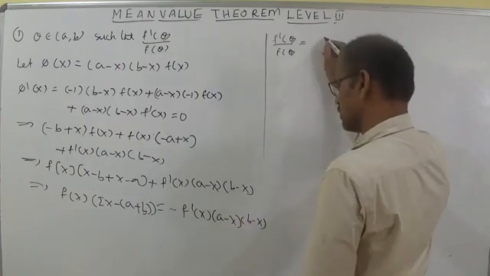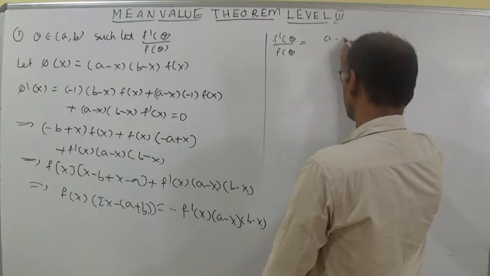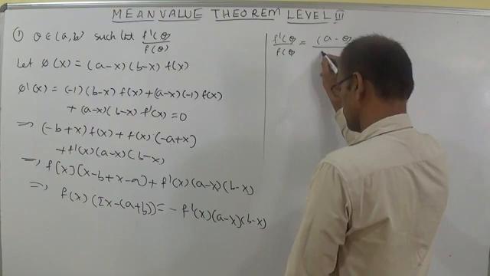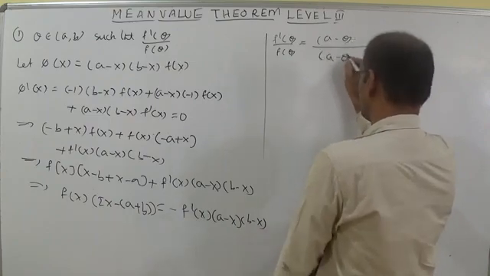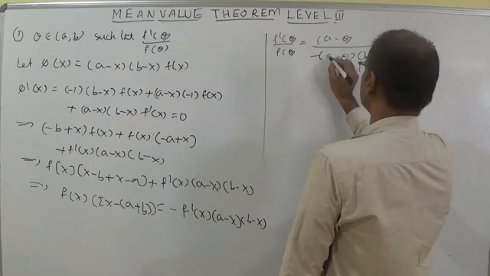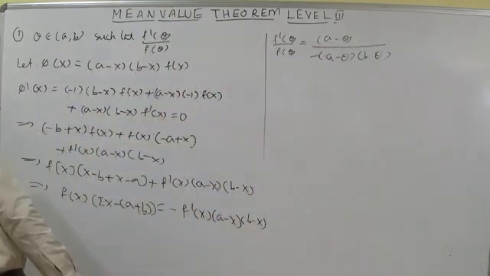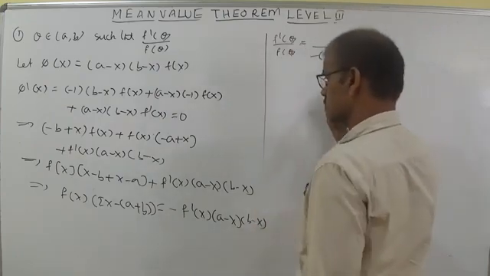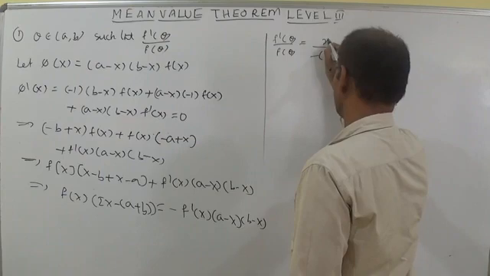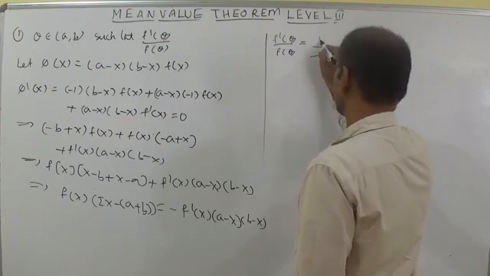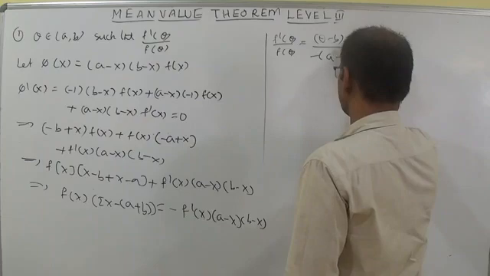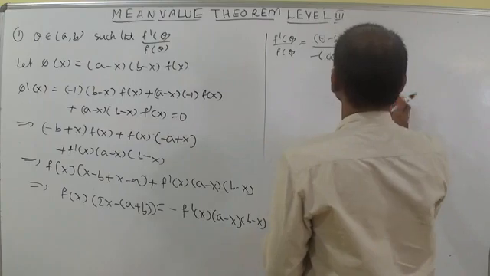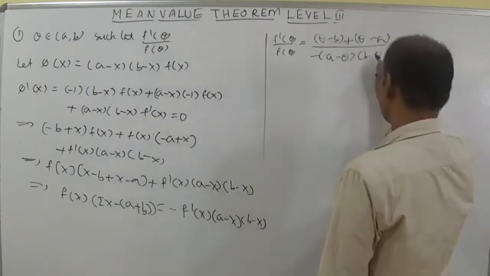In the denominator, a minus theta into b minus theta, along with the minus. In the numerator, no need to write 2x like that; x means theta, so theta minus b plus theta minus a, that is b minus theta.